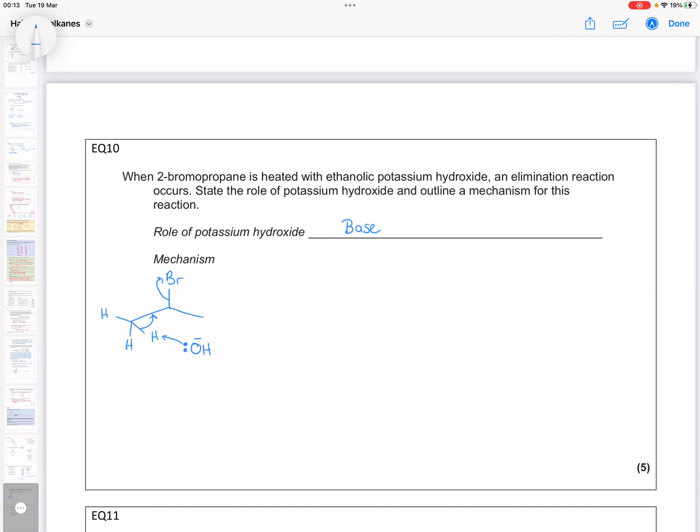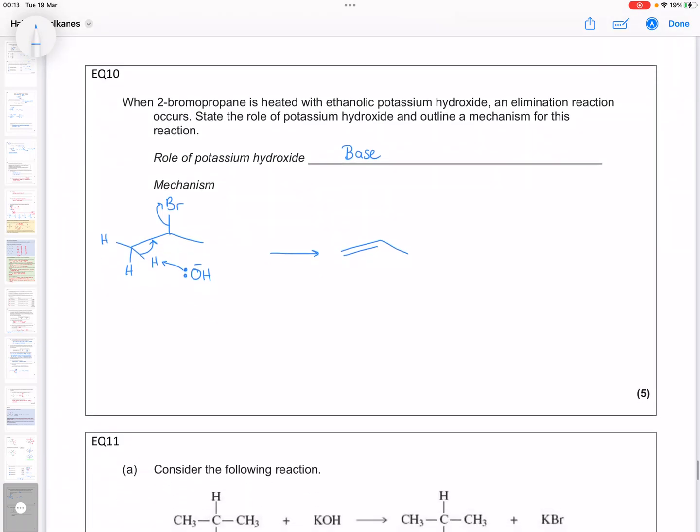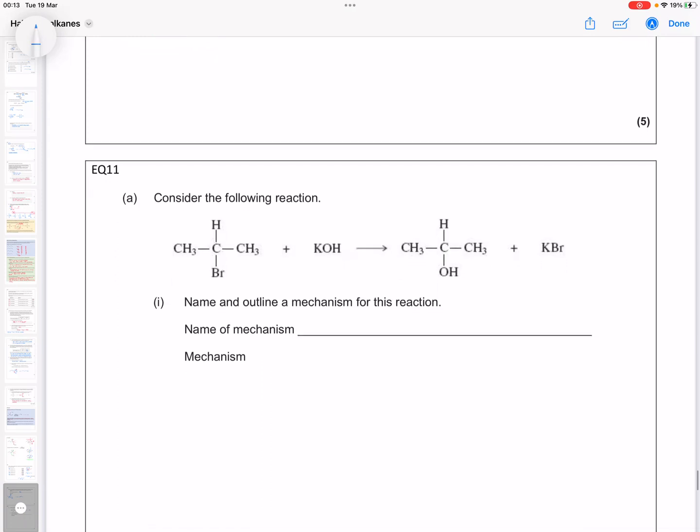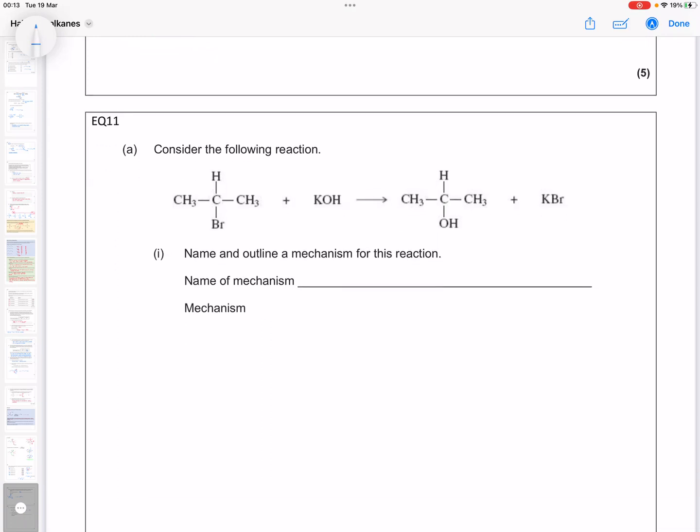And so the solution to that is going to be this molecule here. This is going to be a different one because our hydroxide here is doing the nucleophilic substitution, because the C-Br has been replaced by a C-OH. So the mechanism here is nucleophilic substitution.